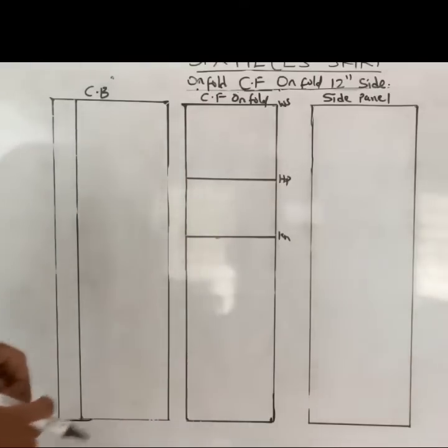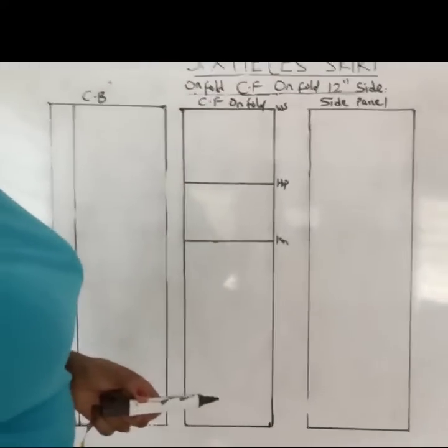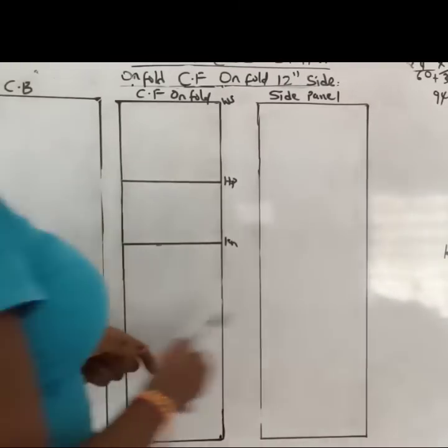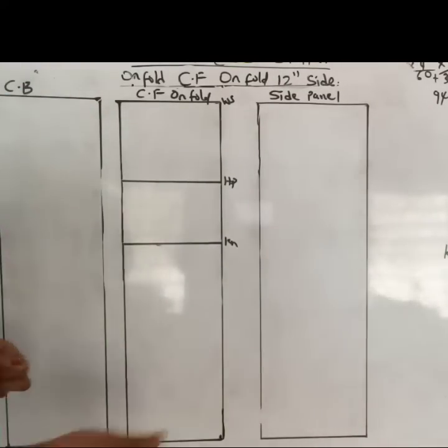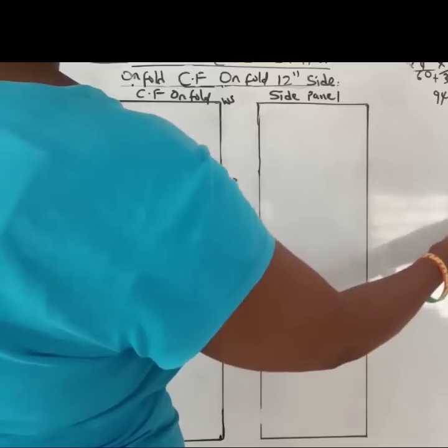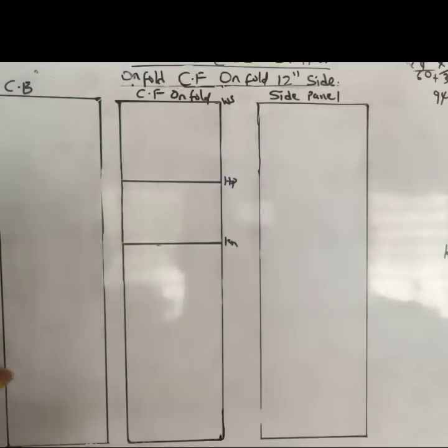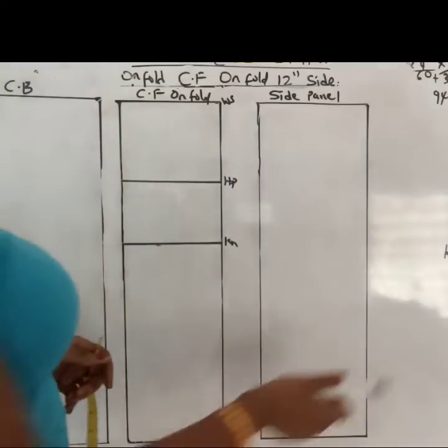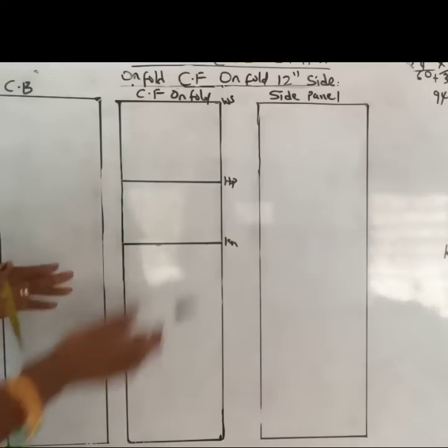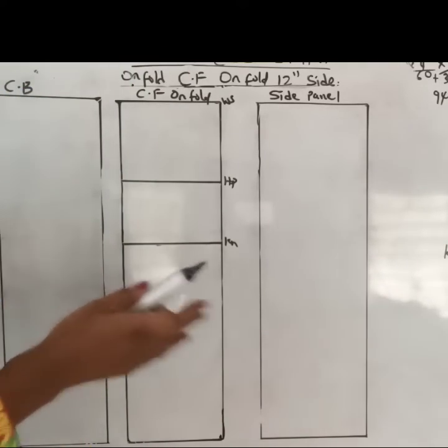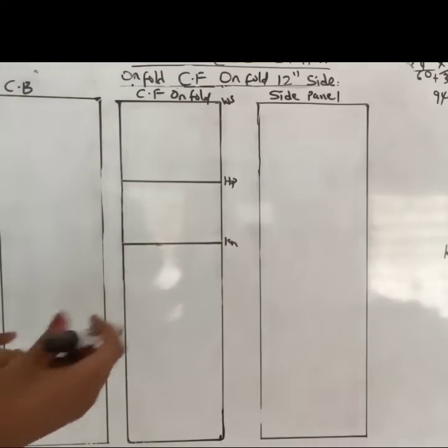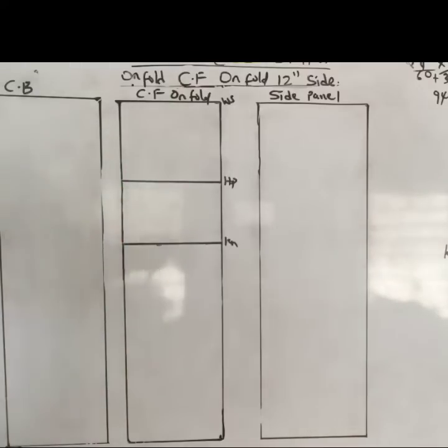Now let's input the measurements that we calculated. When we calculated 26 divided by 6, we had 4.5, and then we said we'll add 1 inch to that to join the two sides. So we are having 5.5.